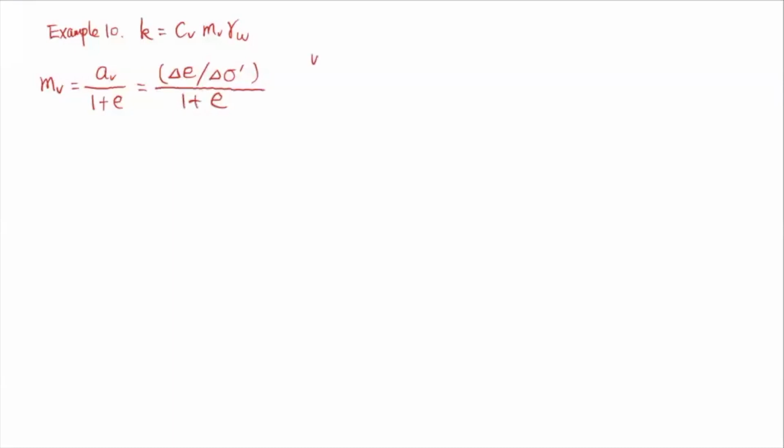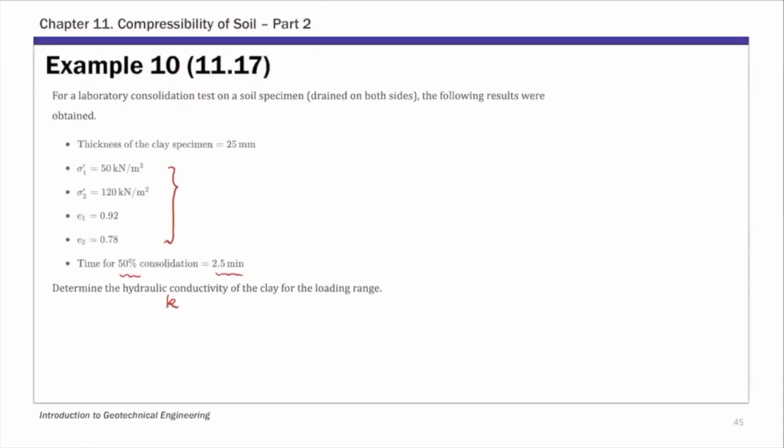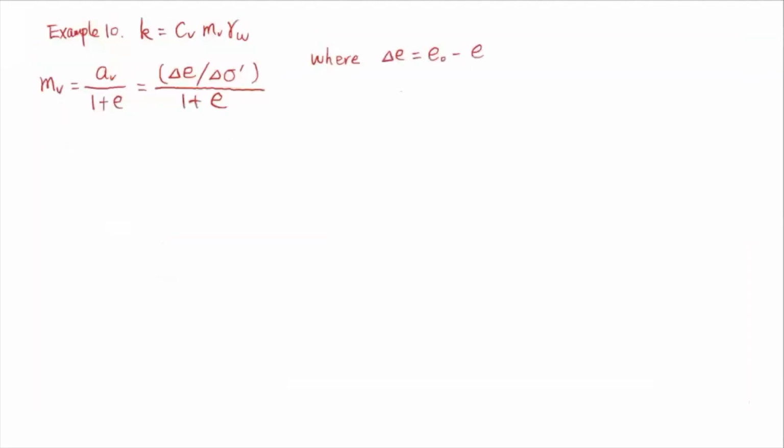Just as in the previous example, delta e is e naught minus e, or in this case, let's use 1 and 2 here, e1 minus e2.